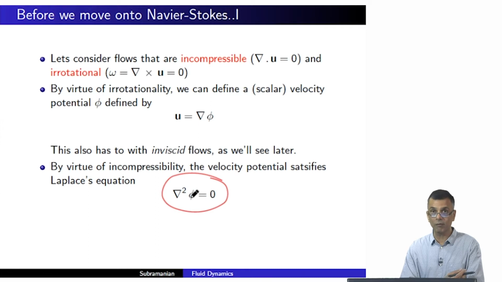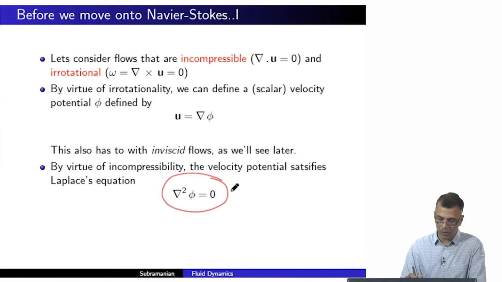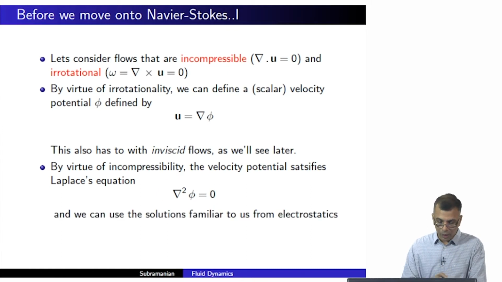So we can take advantage of many of these results in dealing with flows that are effectively incompressible and irrotational. Remember that this is a consequence of both these. Only if both of these are satisfied, you can have a potential. You can solve Laplace's equation to get the potential, and from the potential you can get the velocity field. And like we said, we can use solutions that are familiar to us from electrostatics.